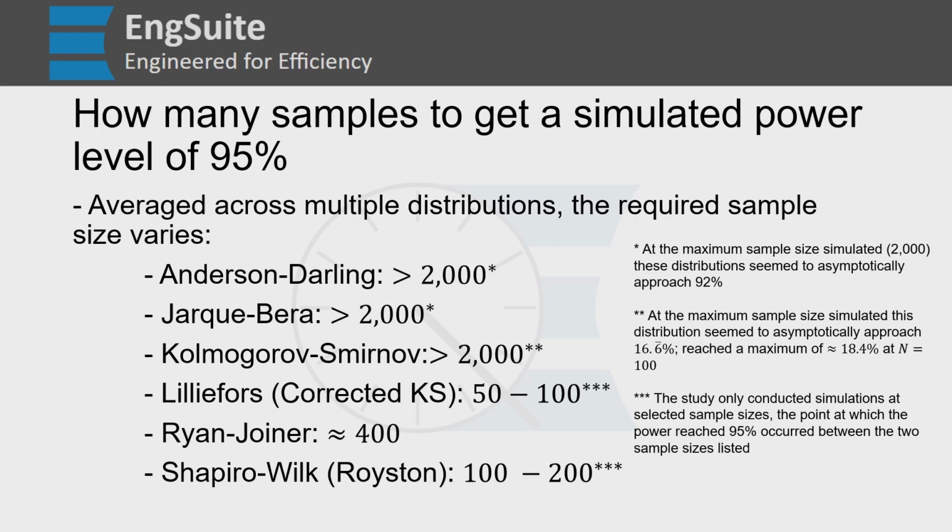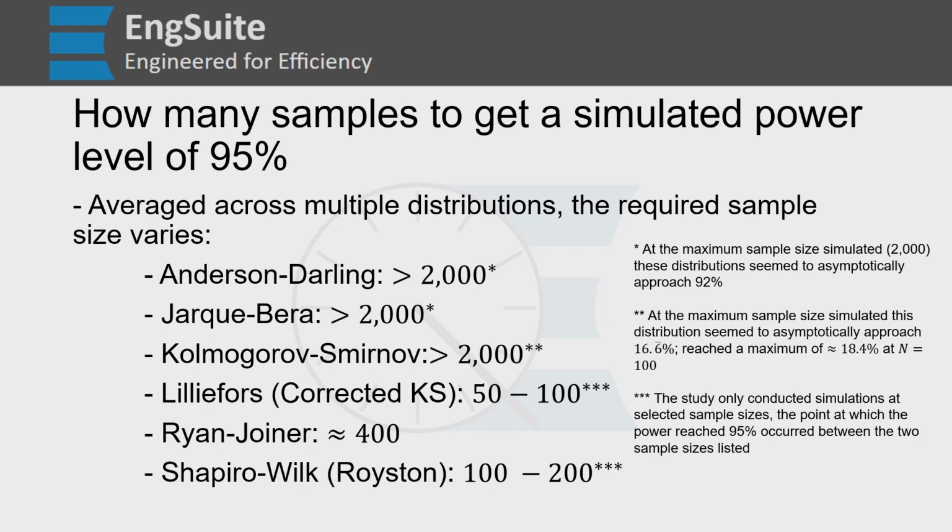Lilliefors, even though it was ranked at number 2, actually converges onto 100% very quickly, with that 95% simulated power being between the 50 and 100 mark. In this study, sample sizes weren't taken between 50 and 100, so that's why there's that range there.